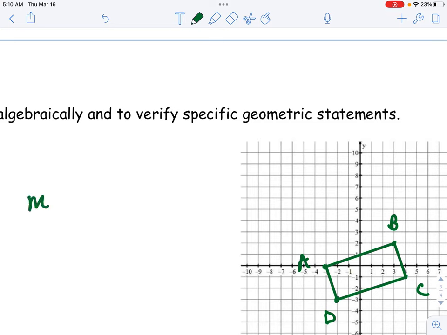Alright, we'll find the slopes the old school method twice, and then we'll count twice. Alright, so we're going to do it for AD, which is negative 3, 0. And this is negative 2, negative 3.